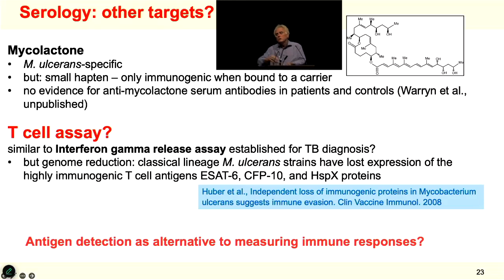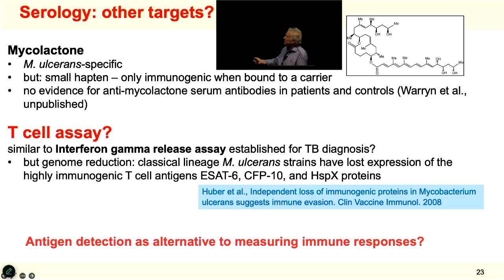So one cannot just transfer this for Buruli ulcer. It's also an interesting aspect, maybe part of immune evasion of this microorganism during evolution. So I'm afraid measuring immune responses to the infection is not very helpful.